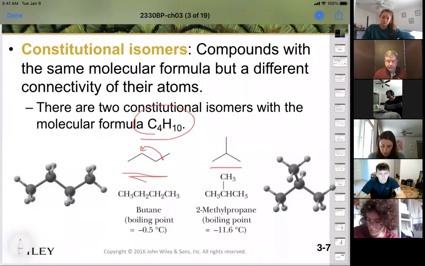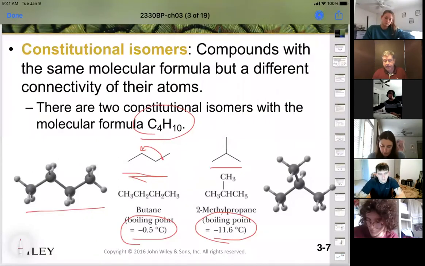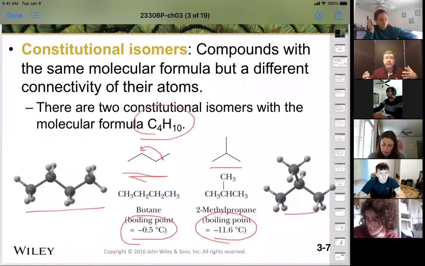So there's actually a significant boiling point difference between butane, which is in lighters, and methylpropane, which is in refrigeration equipment. So they have different boiling points and different melting points, and they can be used for different things. Okay. So those are constitutional isomers, same atoms, different connections.